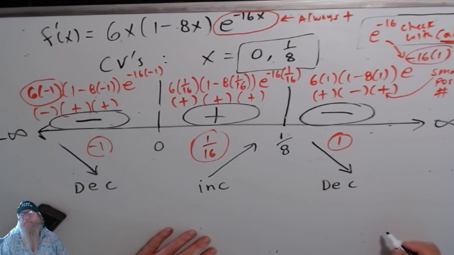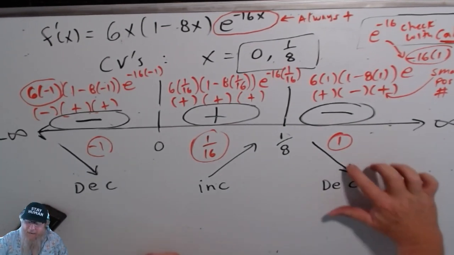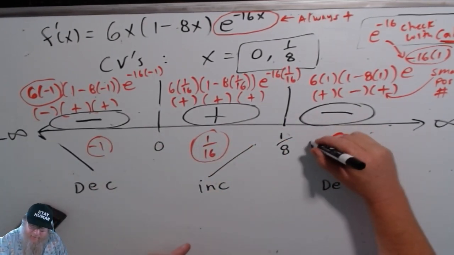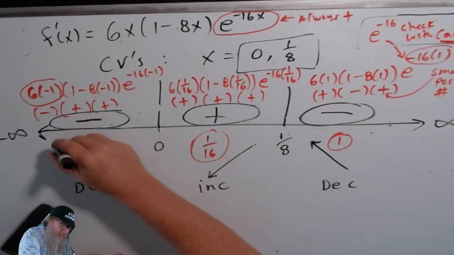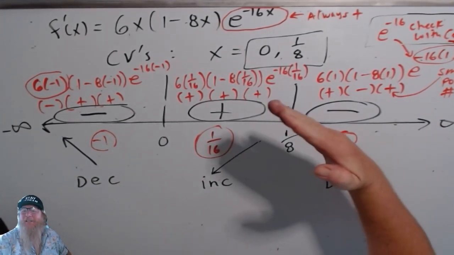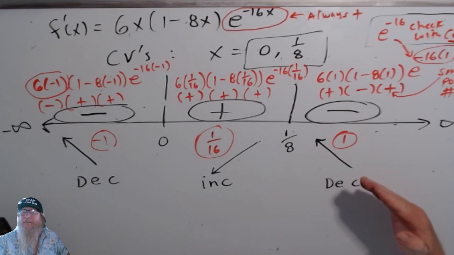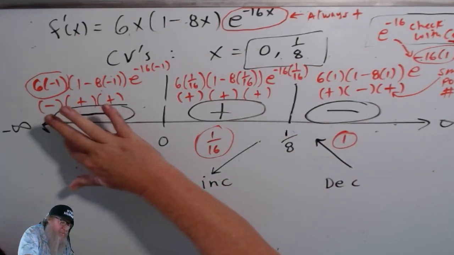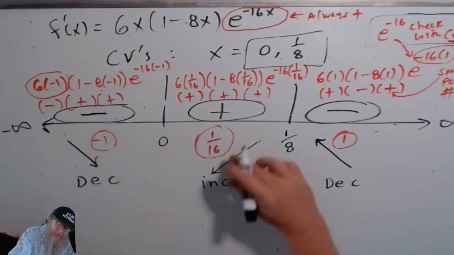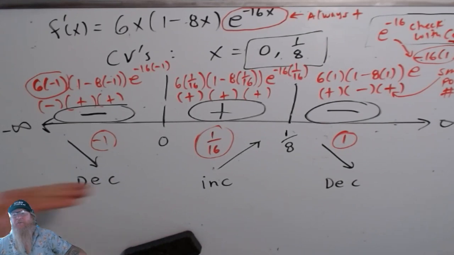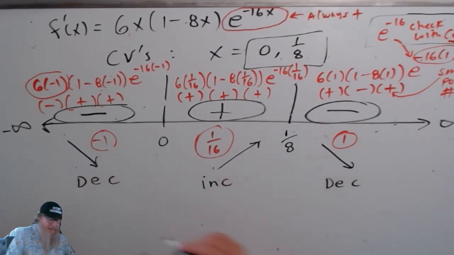But again, if you wrote the arrows the other way, this confuses the heck out of a lot of my students, but it's true, that is still decreasing. It would just be as if you were riding the roller coaster backwards. So I'm going to ride the roller coaster forwards, which is from left to right.